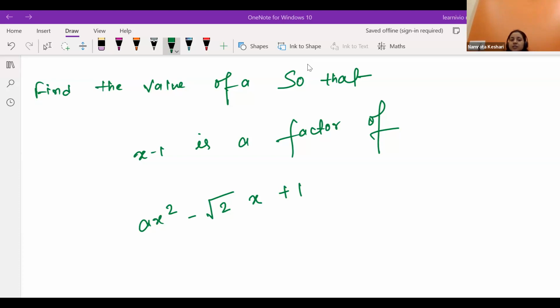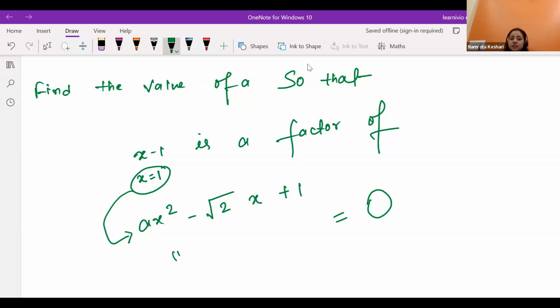So x minus 1 is a factor. That means the x value from here we will find, that is 1. We will substitute it over here and the result will be 0. Since it's a factor, of course, after putting this value over here, the result must be 0. That is the condition for the factor.